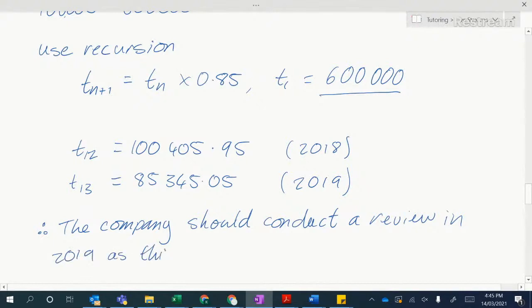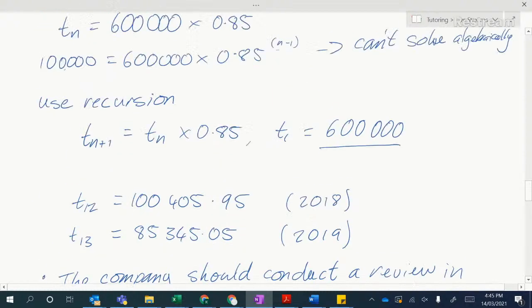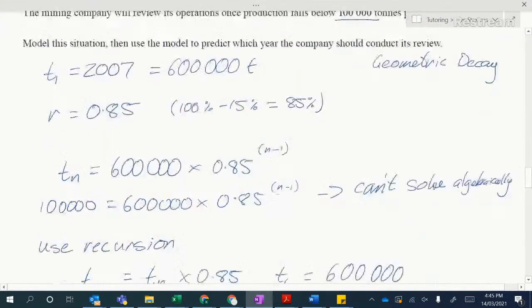as this is when production drops below 100,000 tons. Is that what the question says? Yeah, per year.